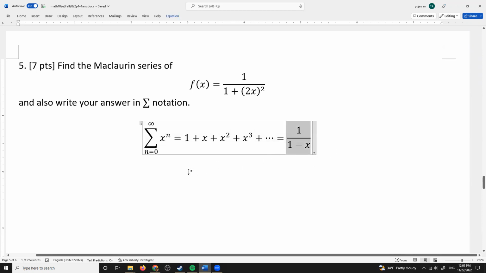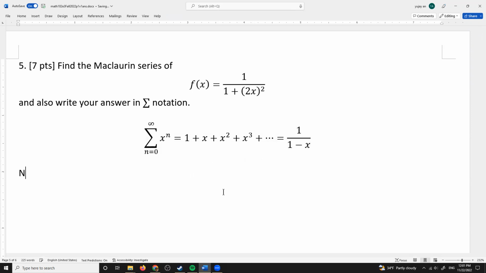Now, observe that if x in the 1 over 1 minus x is replaced by negative 2x squared, then it becomes what we want.